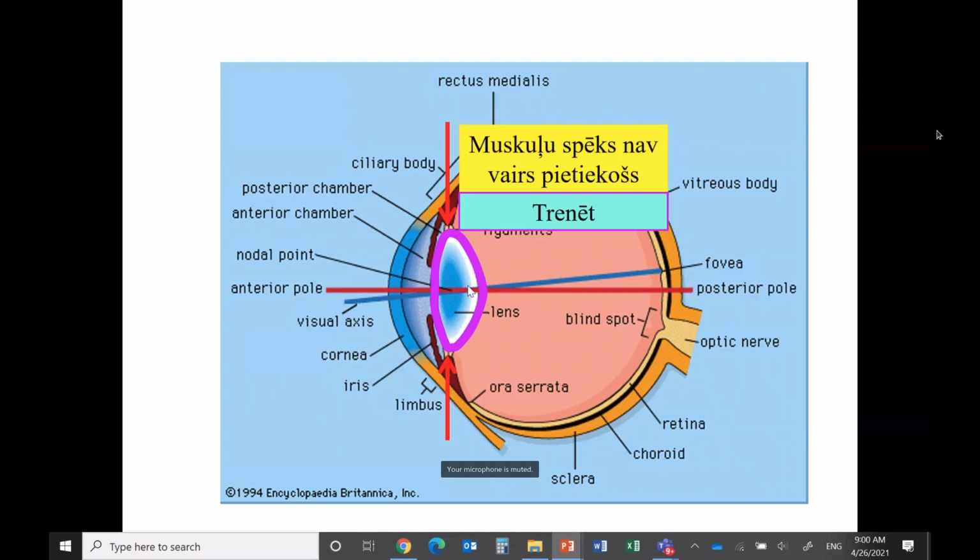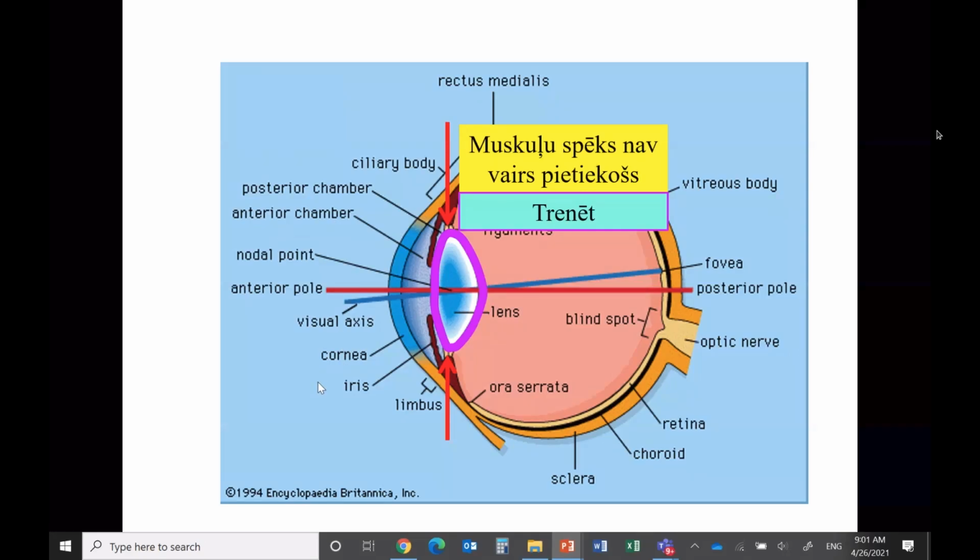But we can postpone this time to later years, to the more older years. Because of training, we can train these muscles to make them more trained as any muscles, and they'll have the ability to deliver larger forces for deformation of this lens. And that is why we postpone the age when we need the glasses.